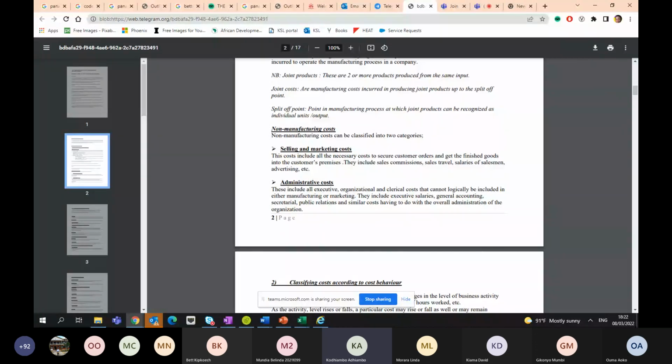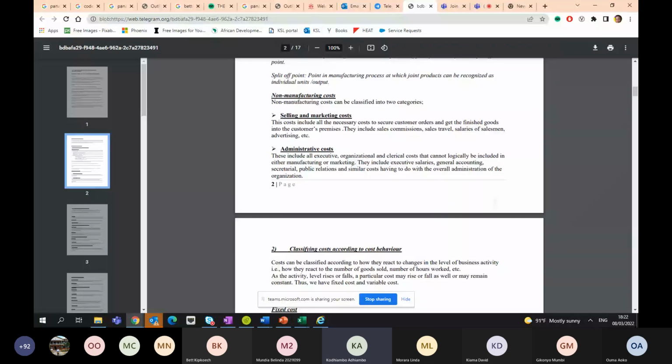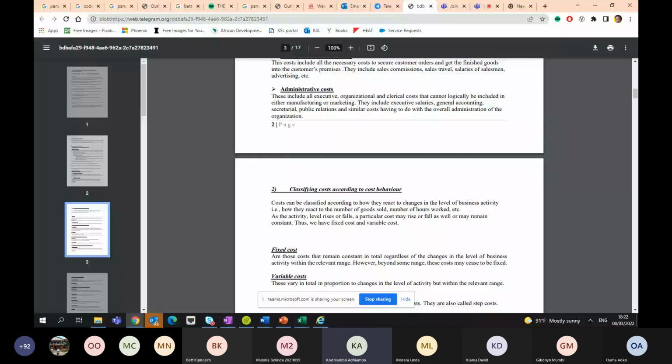So maybe you meet up with a few people in order to get information that may then help you figure out a new client, or you want to entertain a client so that business comes your way. That'd be your marketing cost, though ideally lawyers are not meant to be marketing. Then you have admin costs. So these could be things like the accountant that you're going to hire after you pass this paper and you don't need to think about accounting again.